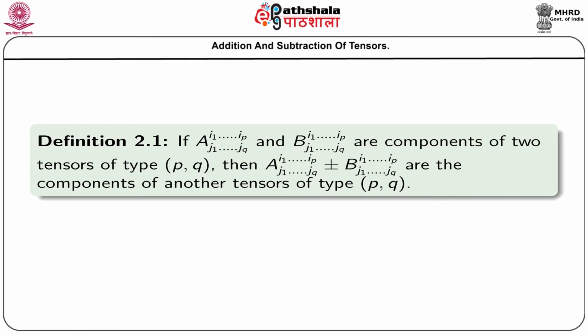So, for addition and subtraction of tensors, the tensors should be of same type, that is important. Here it is given in the type PQ form. So, after addition or subtraction, it will be of same type of tensor PQ.